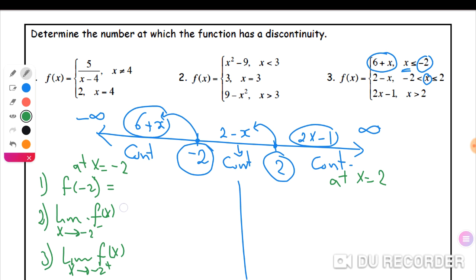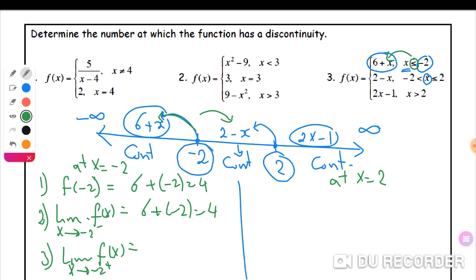F of negative 2, which rule do I have to substitute? I have to substitute in the rule in which we have equal with negative 2. So it will be 6 plus negative 2, it will be 4. Limit from left means x less than, so I replace also in this rule, 6 plus negative 2, it will be also 4.